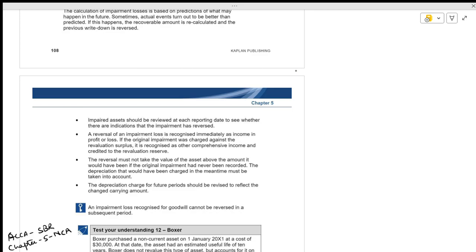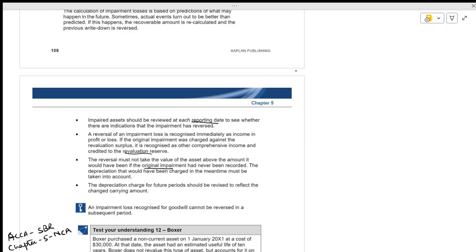Impaired assets should be reviewed at each reporting date, at the end of the year, to see whether there are indications. A reversal of impairment loss is recognized immediately, as other comprehensive income and credited to the revaluation reserve if needed. The reversal must not take the value of the asset above the amount it would have been had the original impairment not occurred.